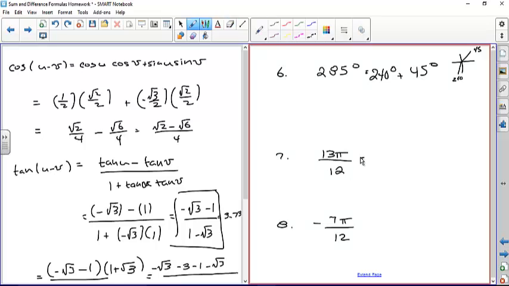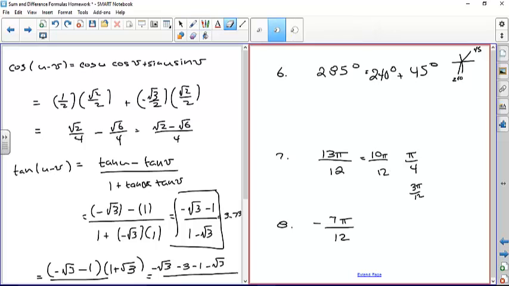Okay, so these again are twelfths, so that means I'm going to have something fourths. So I'm going to add pi over 4, which is 3 pi over 12, if you multiply numerator and denominator by 3. So to get 13 pi over 12, we're going to add 10 pi over 12 to 3 pi over 12.